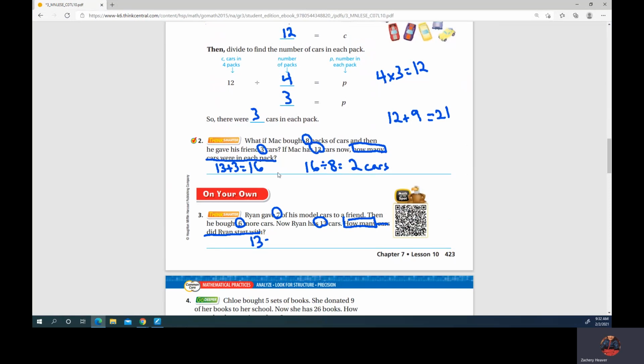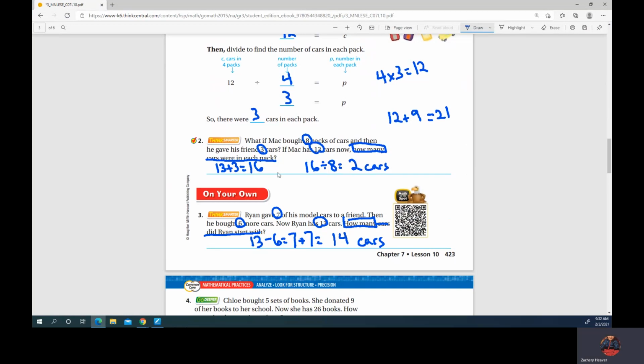So 13 minus 6 would be 7. Okay. So before he bought those cars, he had 7. And then before that, he gave 7 to his friend. So we're going to have to add 7, which makes 14 cars.